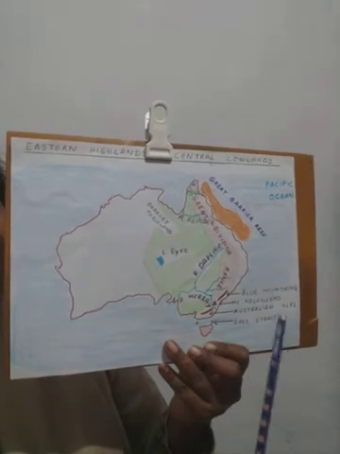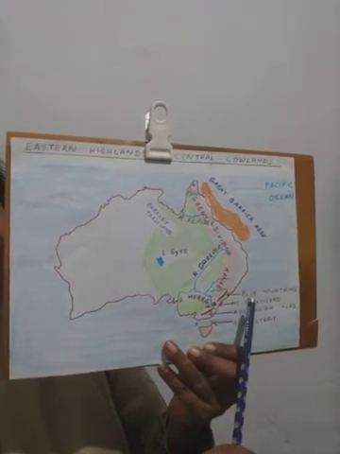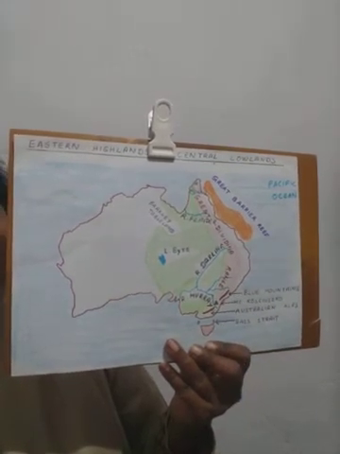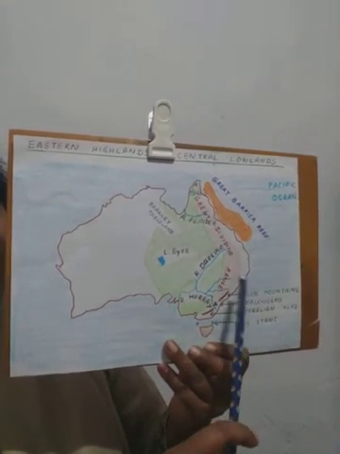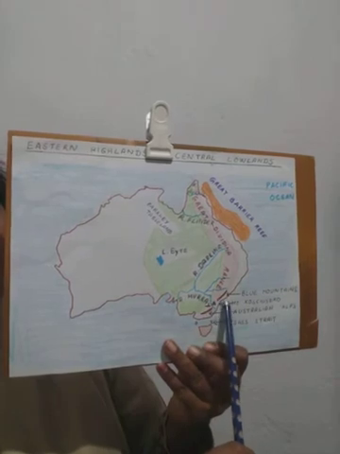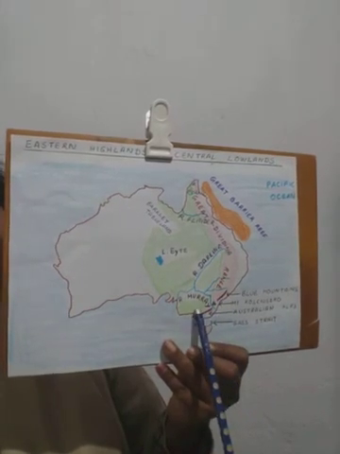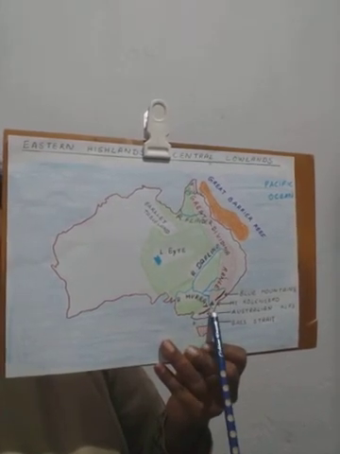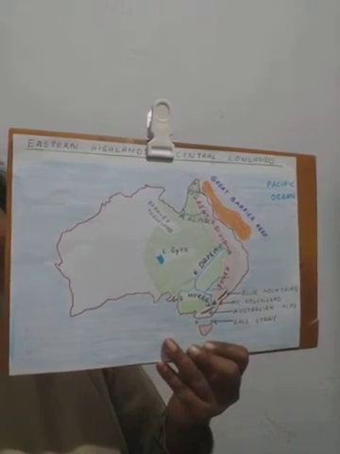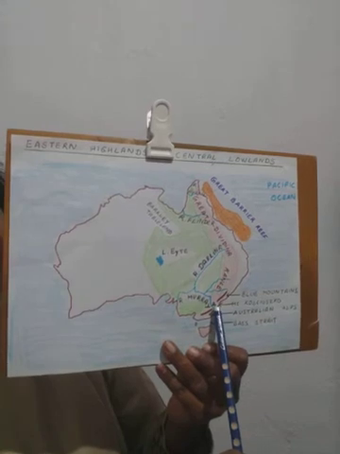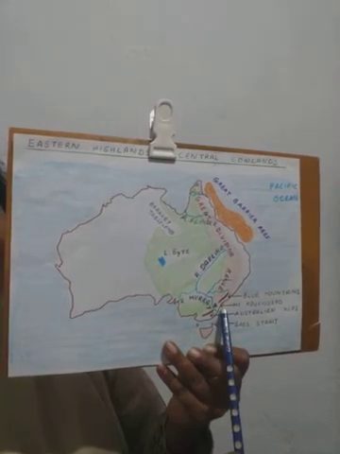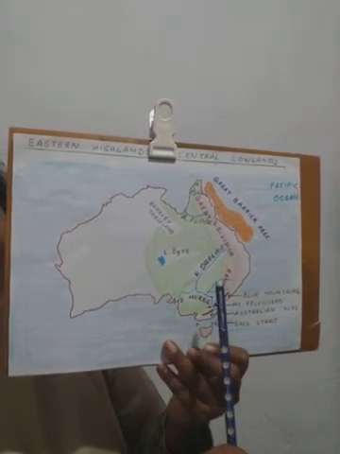Now these highlands are known by different names in different states, such as the Blue Mountains in the state of New South Wales, Australian Alps in the state of Victoria. Its highest peak is Mount Kosciuszko, which is also the highest peak of Australia.